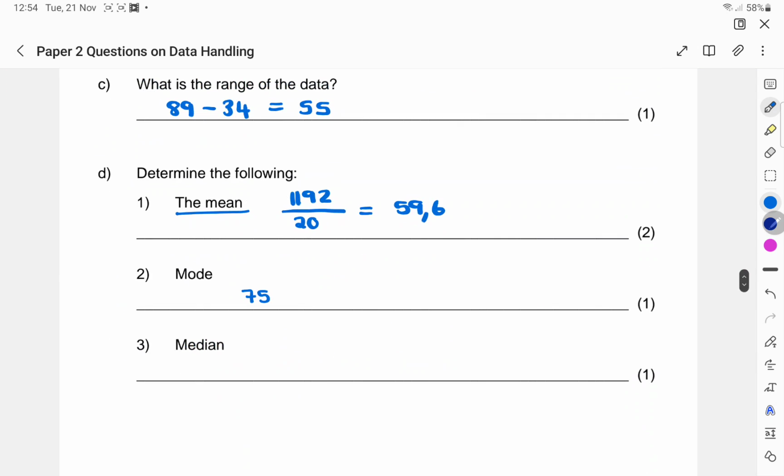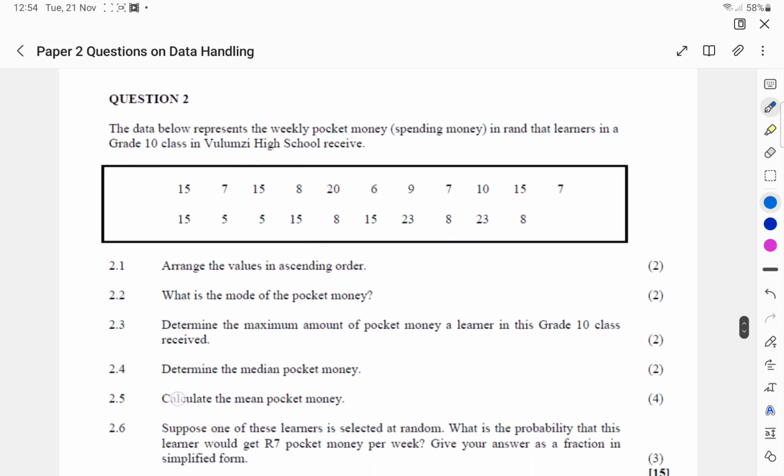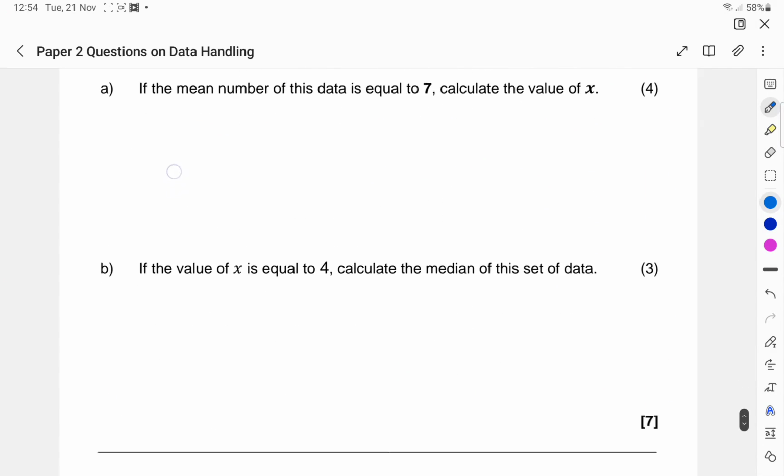So the 2 in the middle is 55 and 56, and then I'm going to divide it by 2, so it's 55.5. Again, making sure that you press in your calculator 55 plus 56, press equal, then divide by 2. Okay. And then we are almost there.